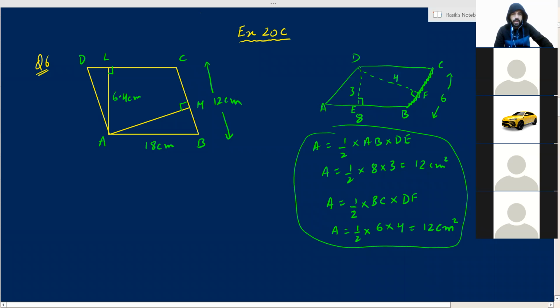We have to find AM. So let AM be equal to x. AM we have to find. So we will use this concept which I just explained to you. How can we use it? Let's see.